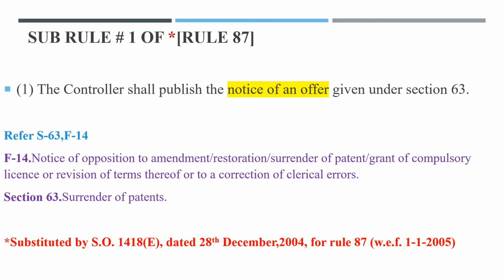Here, friends, you can see there is a single star mark, and this indicates that the whole rule number 87 is a substituted one, as per date 28 December 2004, with effect from 1st January 2005. So we have to remember that rule 87 in total has been substituted. Let us proceed then.